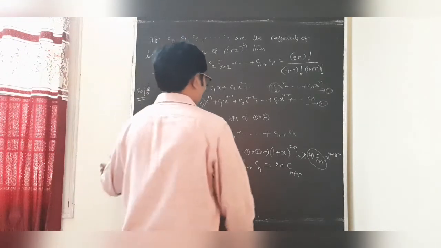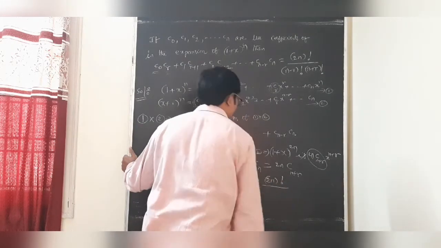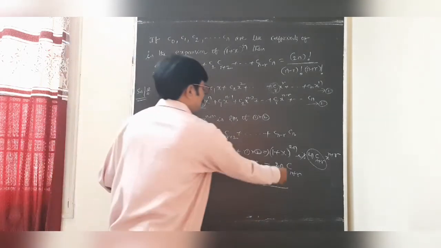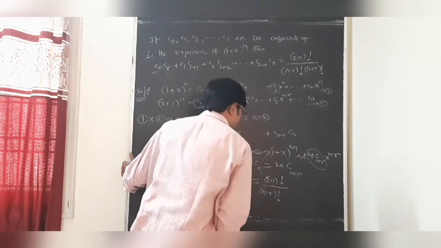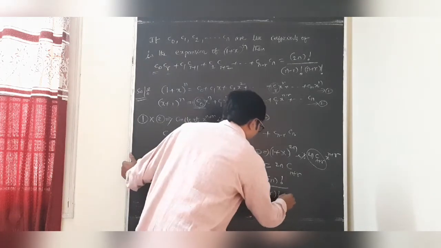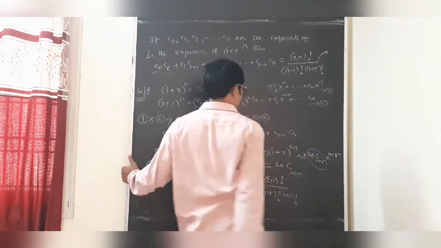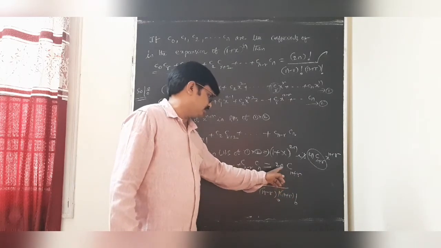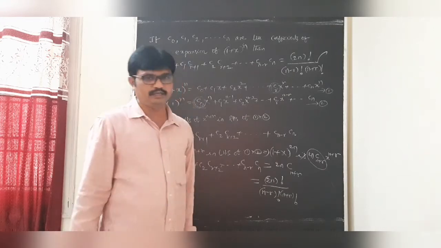Dear students, how can you write this? It is 2n factorial upon (2n minus n minus r) factorial, after that (n + r) factorial. So 2nC(n+r) is 2n factorial by (n - r) factorial into (n + r) factorial.